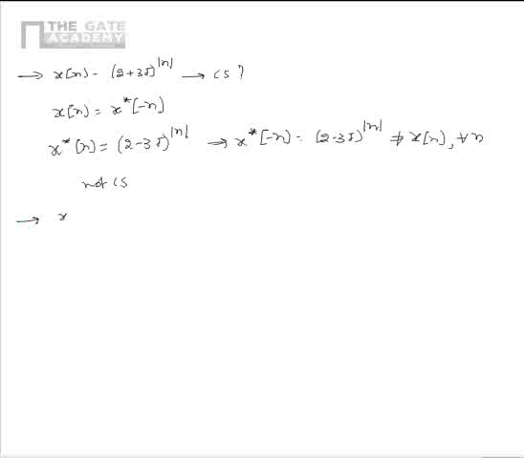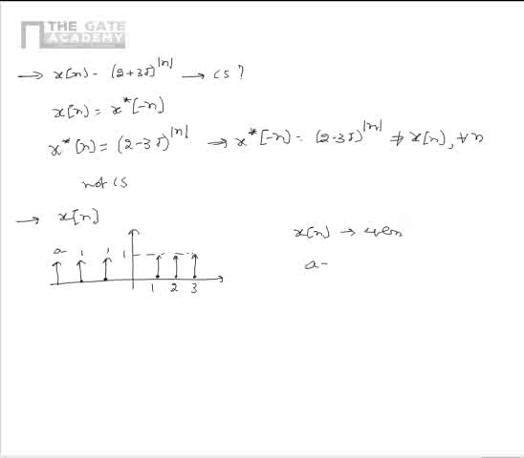From this, we see that x of n is not conjugate symmetric. Now consider another signal x of n as shown in the figure. Here the values of x of n at n is equal to 1, 2 and 3 are given as 1, and the values at the instants n is equal to minus 1, minus 2 and minus 3 are given as 1, 1 and a. It's given that x of n is even.